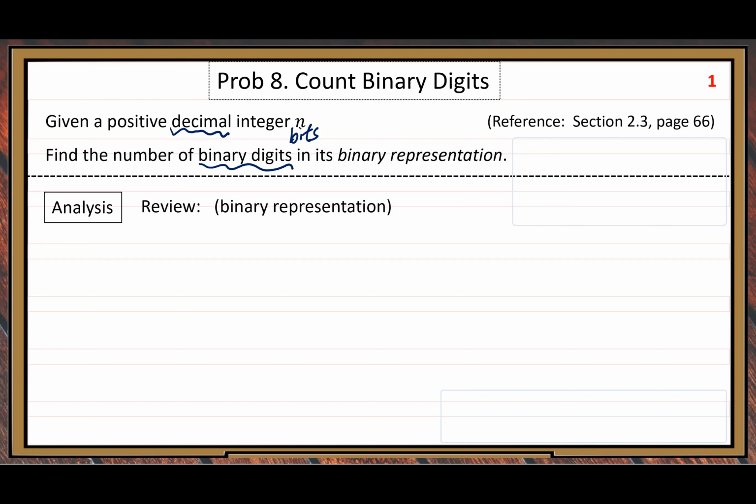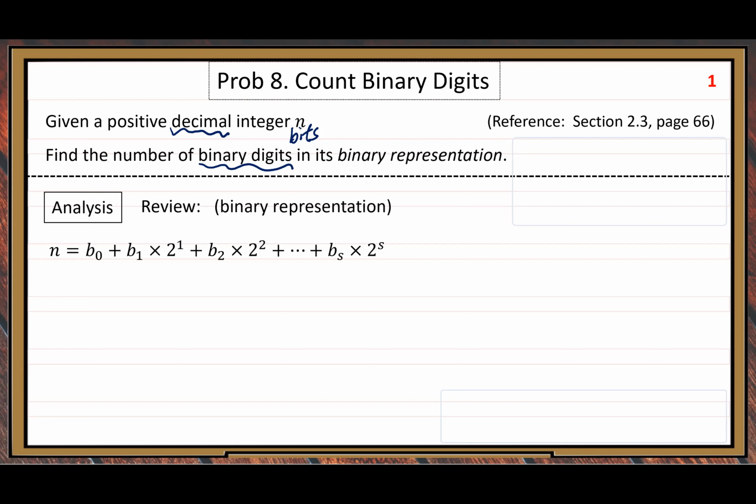Analysis. So let's review the binary representation. In your discrete math, you learned binary representation, the standard binary representation. It's like this. N equals, then we have a sequence of bits. Here I arrange from the least significant bit to the most significant bit.